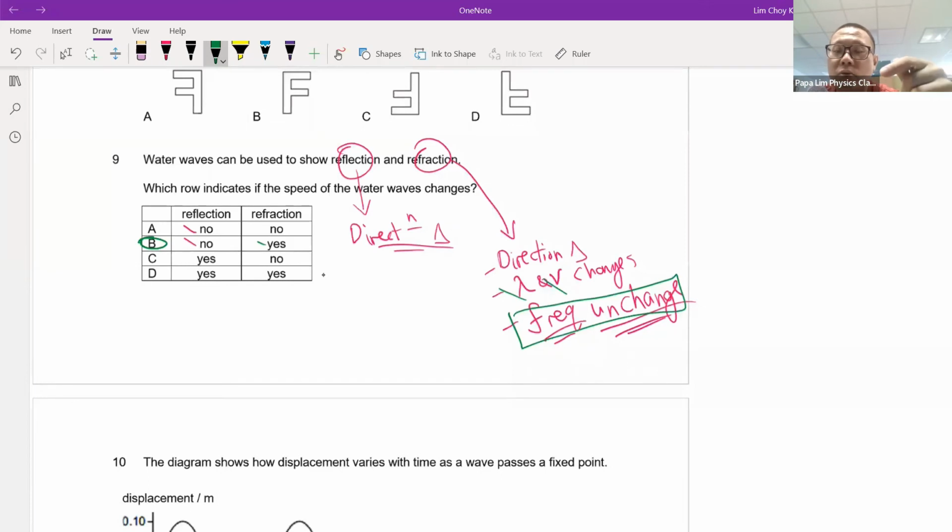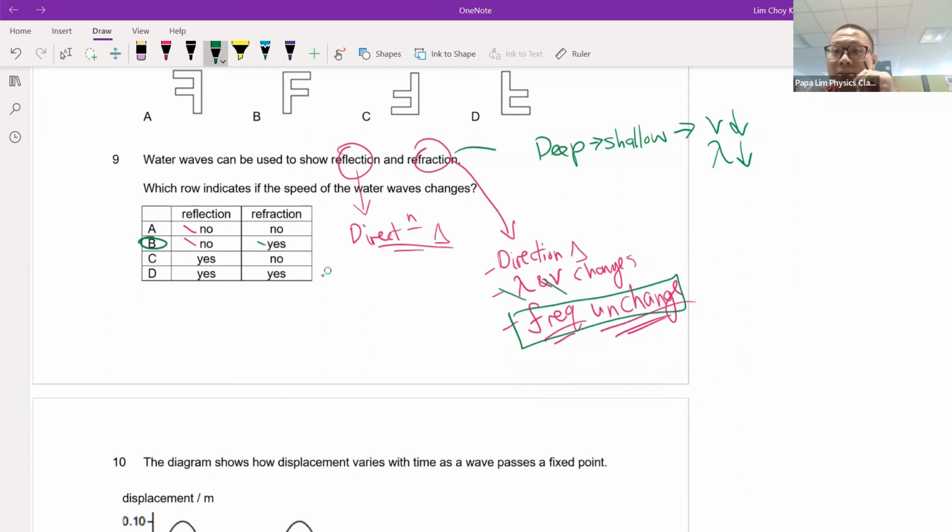If you want to look at how the water wave changes, you just have to take note when the water wave goes from deep region to shallow region. The speed of the wave decreases and the wavelength decreases.